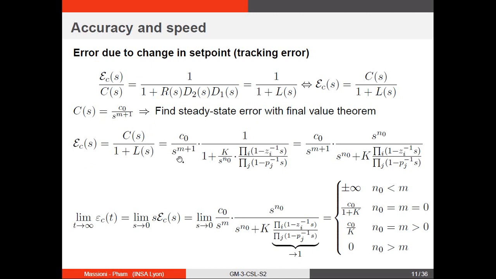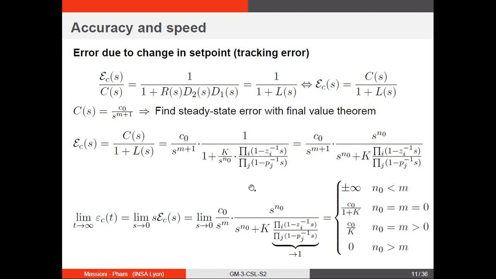So remember, m equals 0 is just a step, m equals 1 a ramp, etc. We replace L with the general expression we've seen before, which stresses the presence of n naught poles in 0.